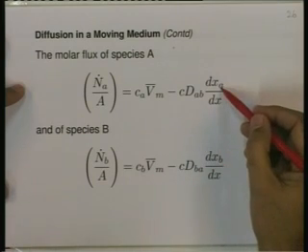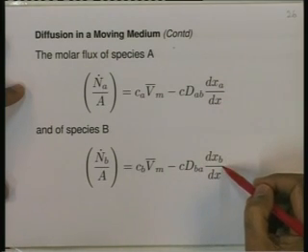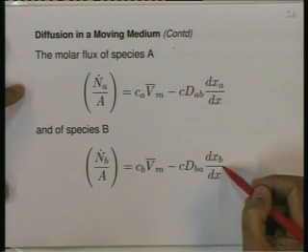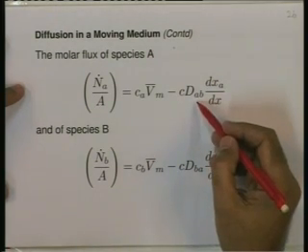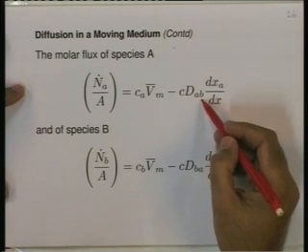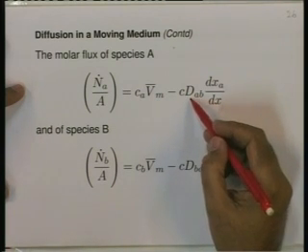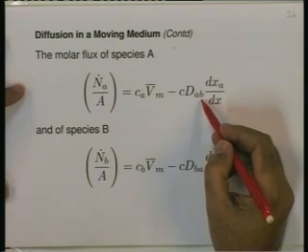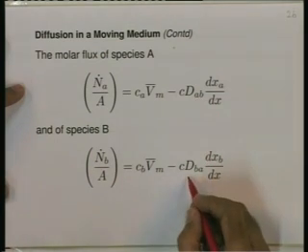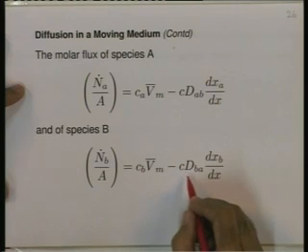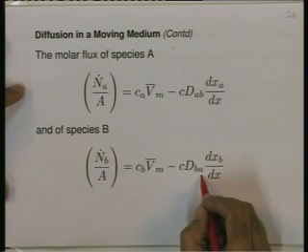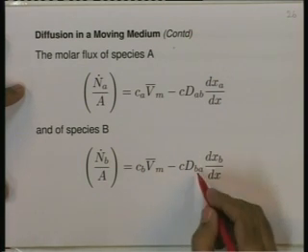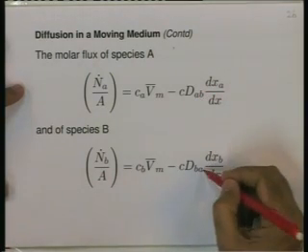The second term here as well as the second term here is represented using Fick's law of diffusion, and notice that in this equation it is DAB, the diffusion coefficient of A diffusing through B, and this is DBA, diffusion coefficient of B diffusing through A. We will soon come across a very useful relationship between DAB and DBA.